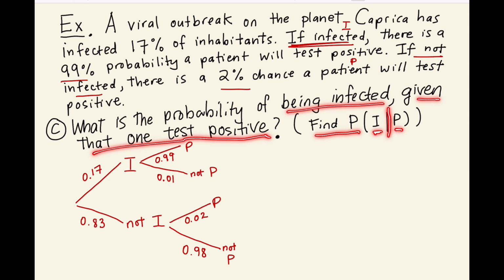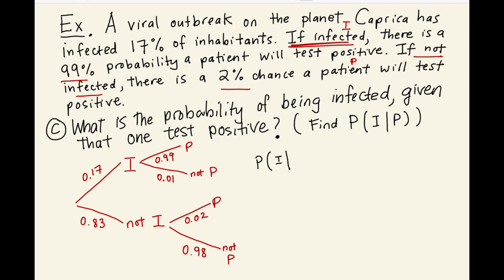We do have a formula for this, and it's the probability of being infected and testing positive divided by the probability of testing positive. And this is the conditional probability formula.